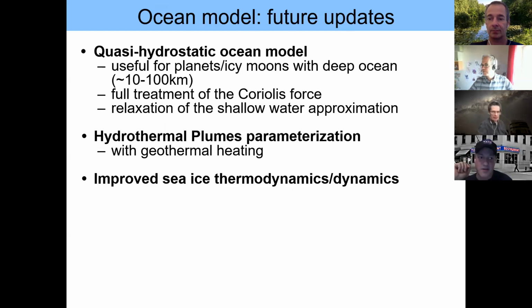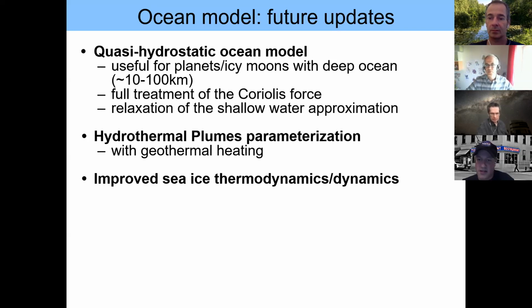Thanks, Kostas. Finally, I just wanted to add a few points to conclude on the ocean component: a quick list of future updates that might be of interest to the ROCKE-3D community. Right now, what we have is a hydrostatic ocean, where in our momentum equation, gravity perfectly balances the vertical pressure gradient.